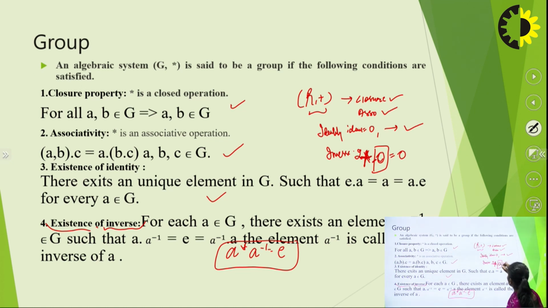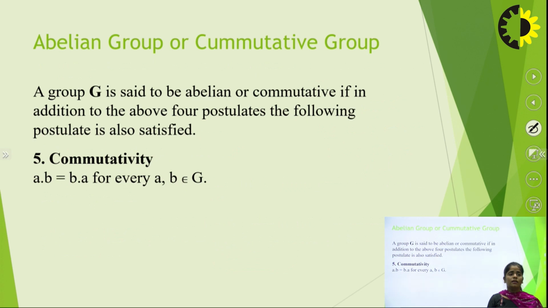If I take minus 2 as the inverse of this, then we will get 0, and minus 2 is in the real numbers. So real numbers with the operator plus will become a group.